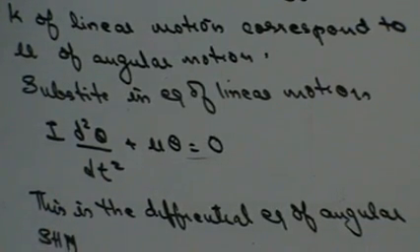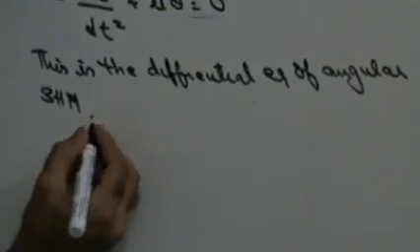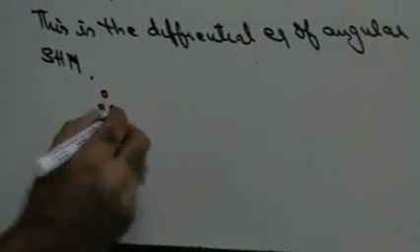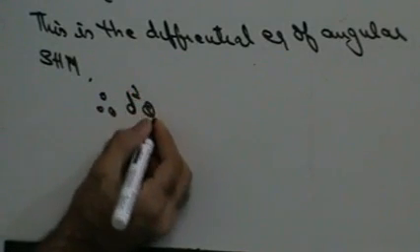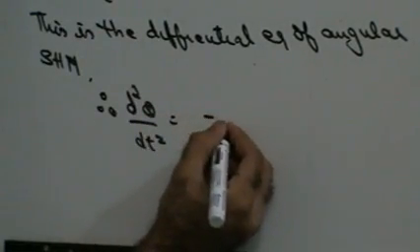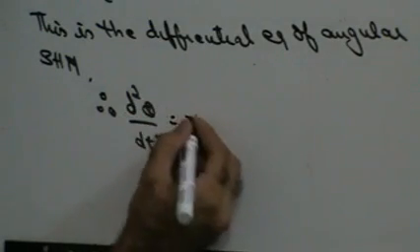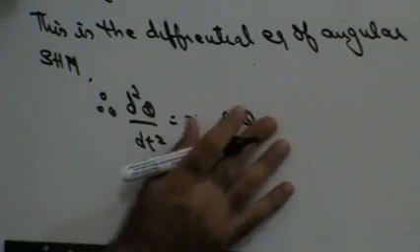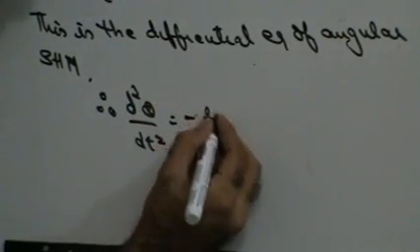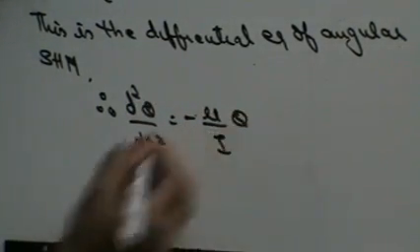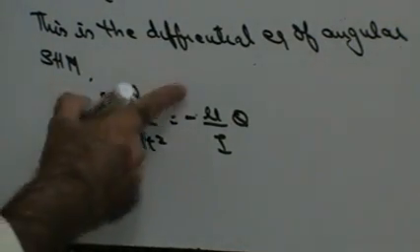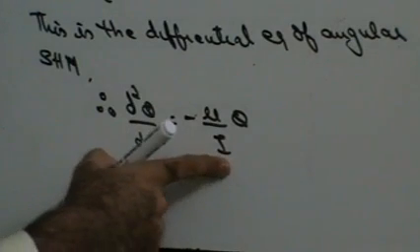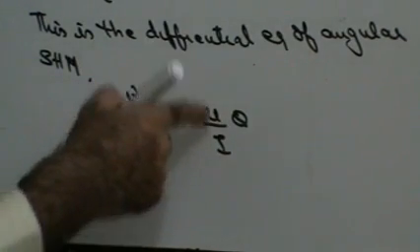Once you have the differential equation for angular SHM, I can also say that d²θ/dt² is minus mu upon I theta. So that will be minus mu upon I theta, right? In this case, I can say mu and I are constants. Moment of inertia is the mass of the body in rotational motion.